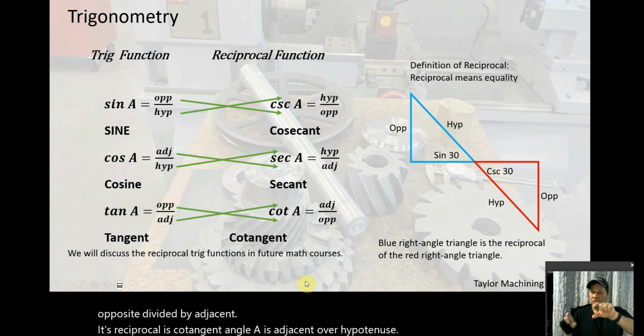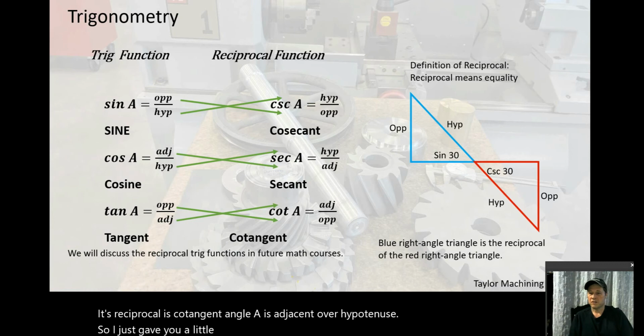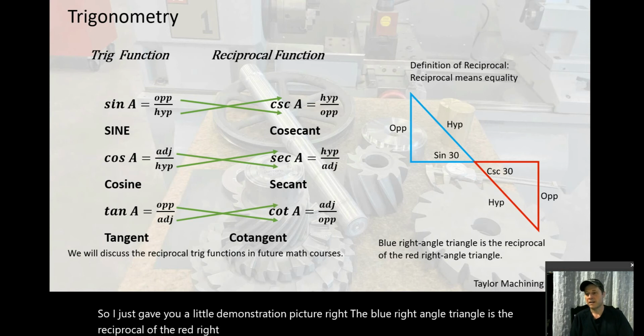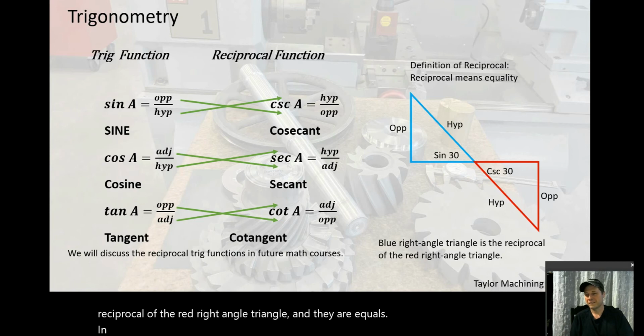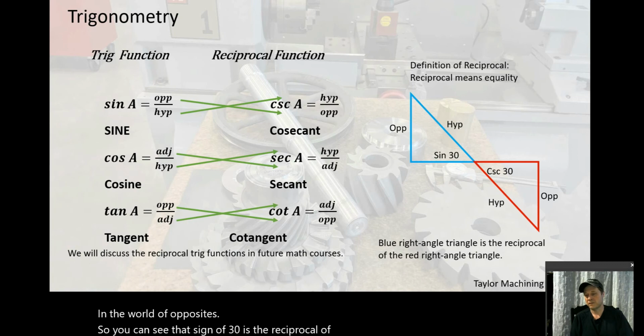So I just gave you a little demonstration, a picture. The blue right angle triangle is the reciprocal of the red right angle triangle. And they are equals in the world of opposites. So you can see that sine of 30 is the reciprocal of the cosecant of 30.